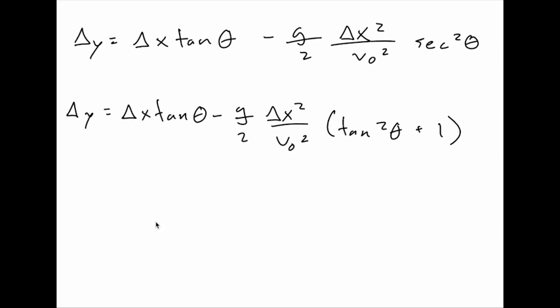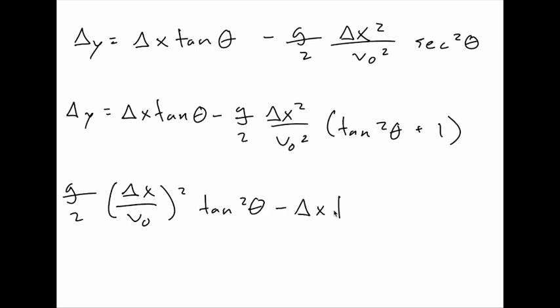And you rearrange that a little bit, and then you get g over 2 delta x squared over V naught squared tangent squared theta minus delta x tangent theta.